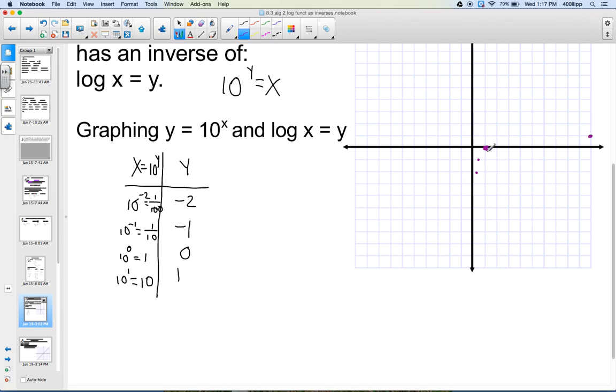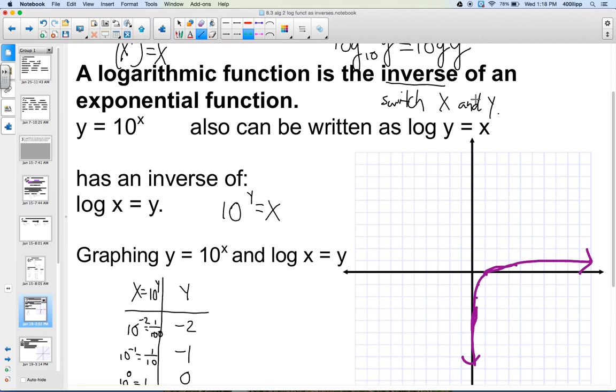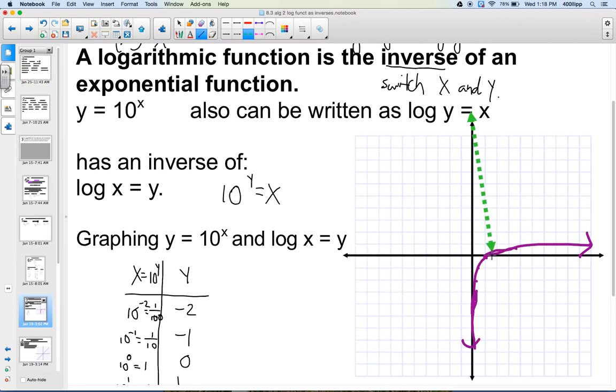Okay, so now if we see, instead of it having an asymptote of y equals 0, now we can see, oops, my graph is off a little bit, sorry, that now we can see that it's approaching the y-axis, which is right here, x equals 0.